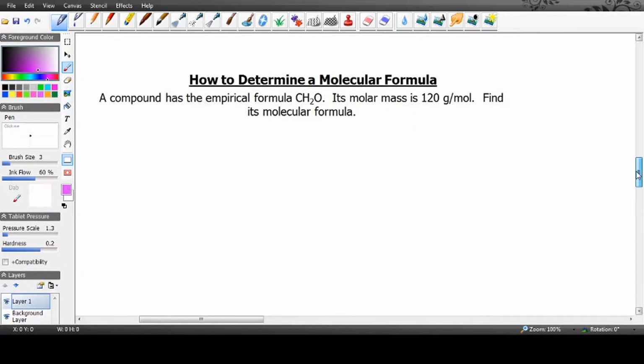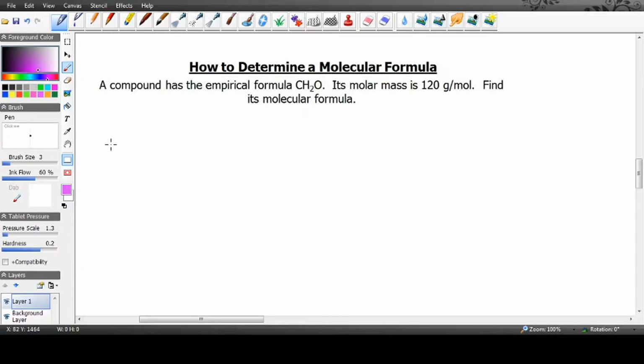So here's how we're going to do that. The first thing you need to recognize is that the molecular formula is some whole number times the empirical formula. Remember, ribose was times 5 and lactose was times 12. So how do we figure out that whole number is the question. That whole number is figured out by dividing the mass of the molecular formula by the mass of the empirical formula.